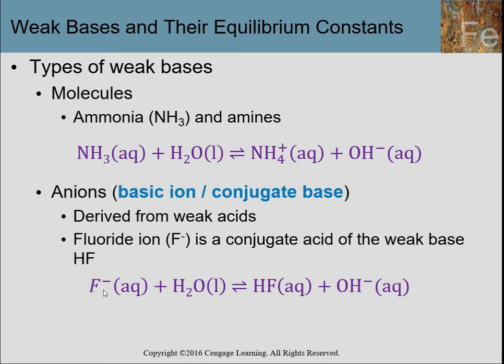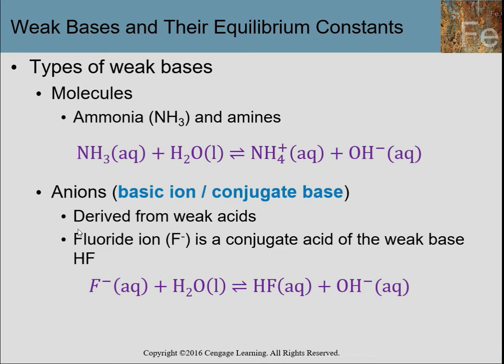Fluoride is a conjugate base of a weak acid. When it interacts with water, it's going to make hydrofluoric acid, which is a weak acid, and it's going to make some hydroxide. The fact that fluoride interacts with water to make hydroxide makes it a base.